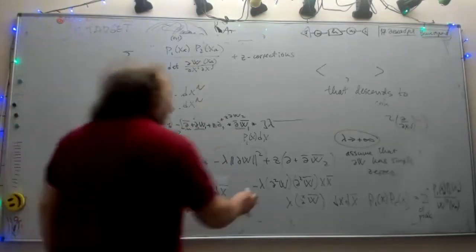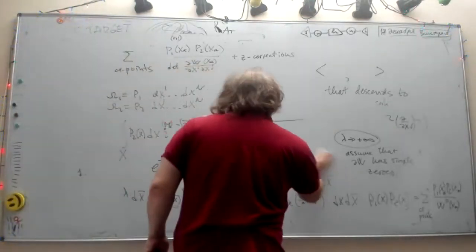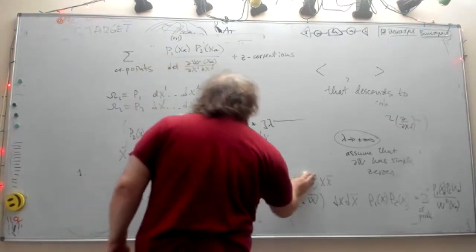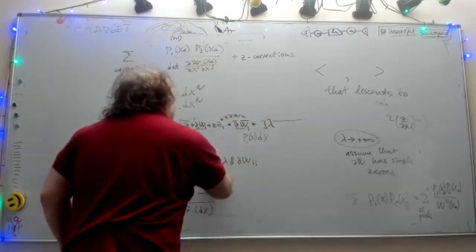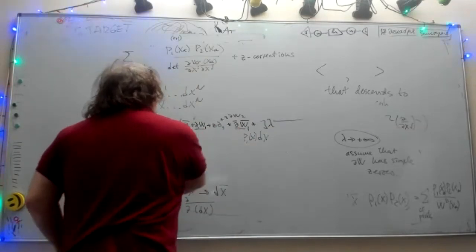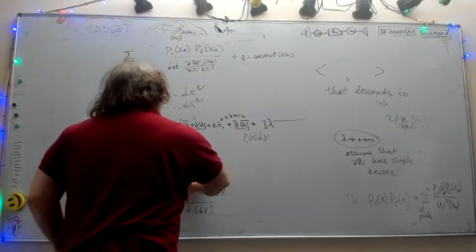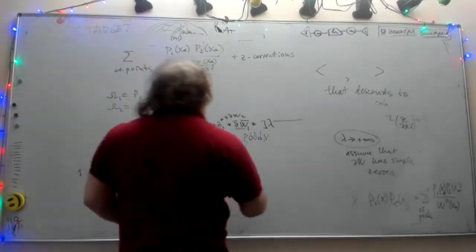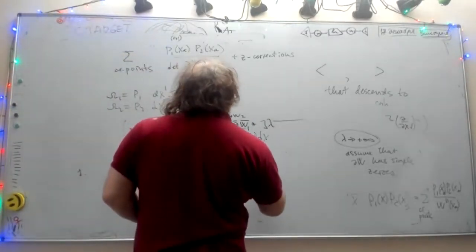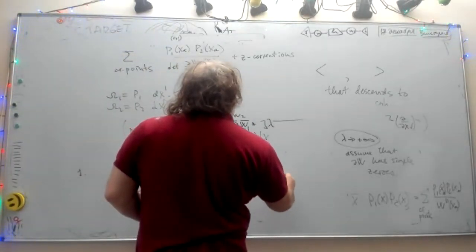So now I'm again with my favorite integral. e to the minus lambda norm of dw squared.